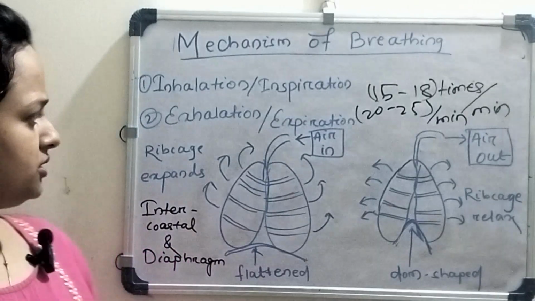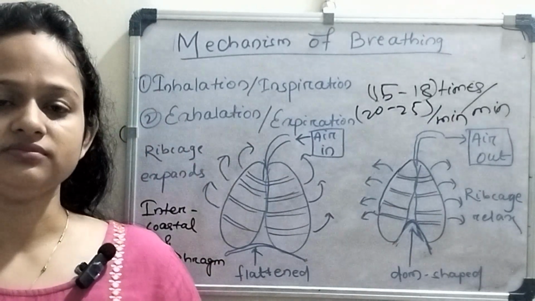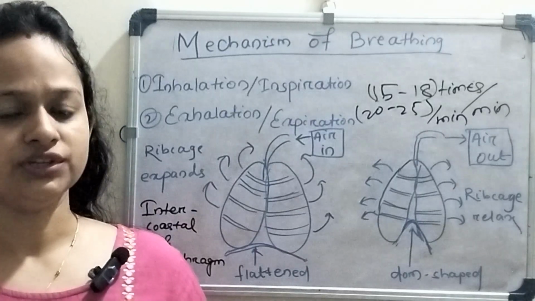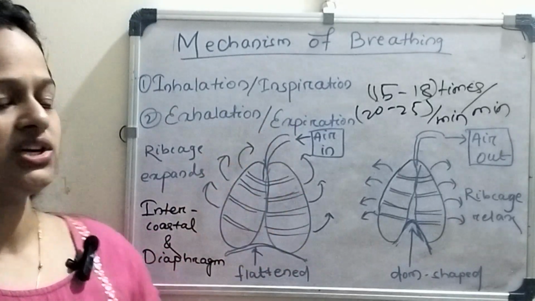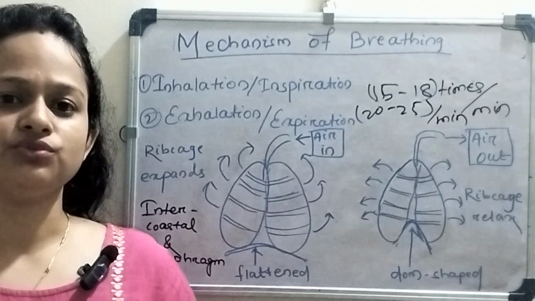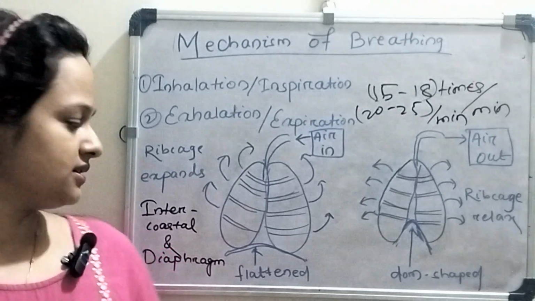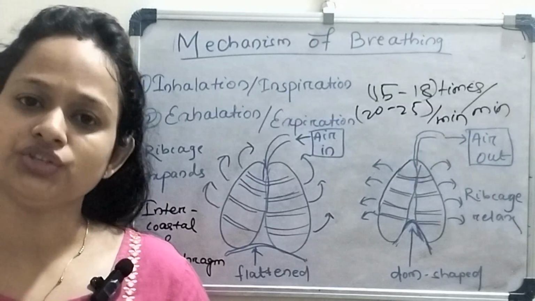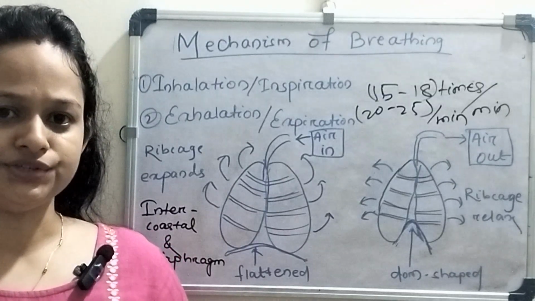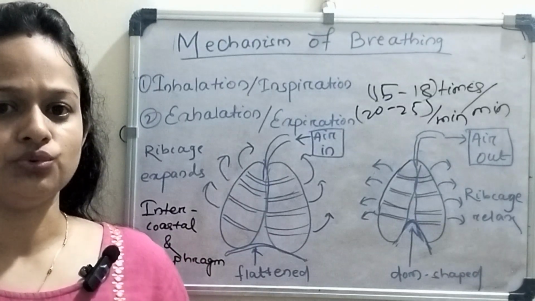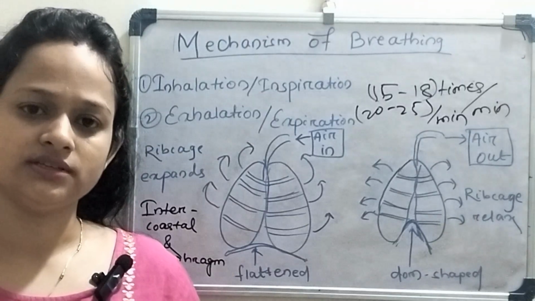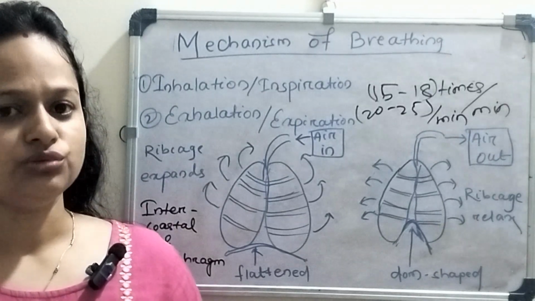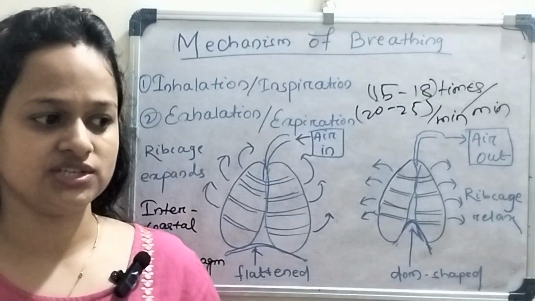So next come to the exhalation. Exhalation is the breathing out of the air and it is also known as expiration. In this process, both the muscles, that is intercostal muscle and diaphragm, come to their original state and the lungs also come to their relaxation state, and here the volume of the thoracic cavity decreases.